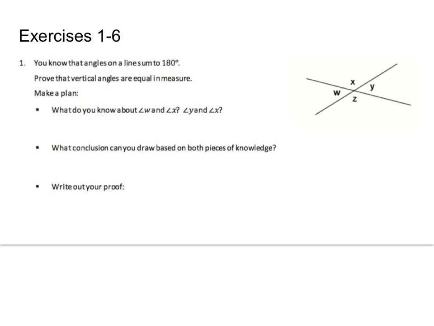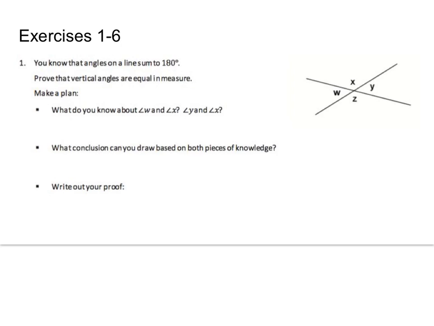All right, so exercises 1 through 6, we're going to go through them together. You know that angles on a line sum to 180. Prove that vertical angles are equal in measure. So first we're going to make a plan. What do we know about angle W and X and angle Y and X?